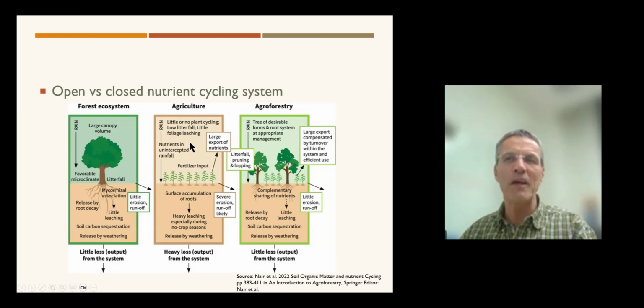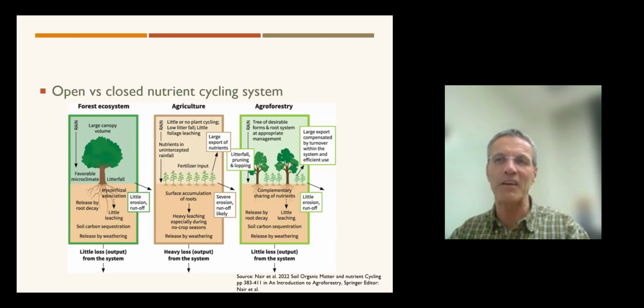In agriculture, we obviously have kind of the opposite. We constantly export a lot of nutrients by harvesting, but also a lot of nutrients are lost with erosion and leaching, because we're constantly working the ground. So a very heavy loss out of the system.